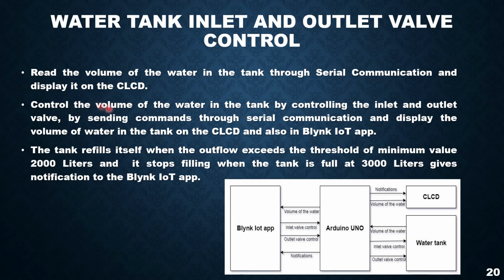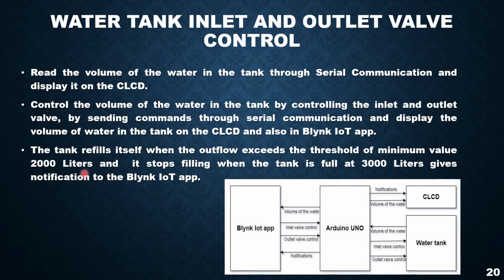And it controls the volume of the water in the tank by controlling the inlet and outlet valve by sending commands through serial communication, and displays the volume of water in the tank on the CLCD and also in the Blynk IoT app. The tank refills itself when the outflow exceeds the threshold of minimum value 2000 liters, and it stops filling when the tank is full at 3000 liters. It gives a notification to the Blynk IoT app.